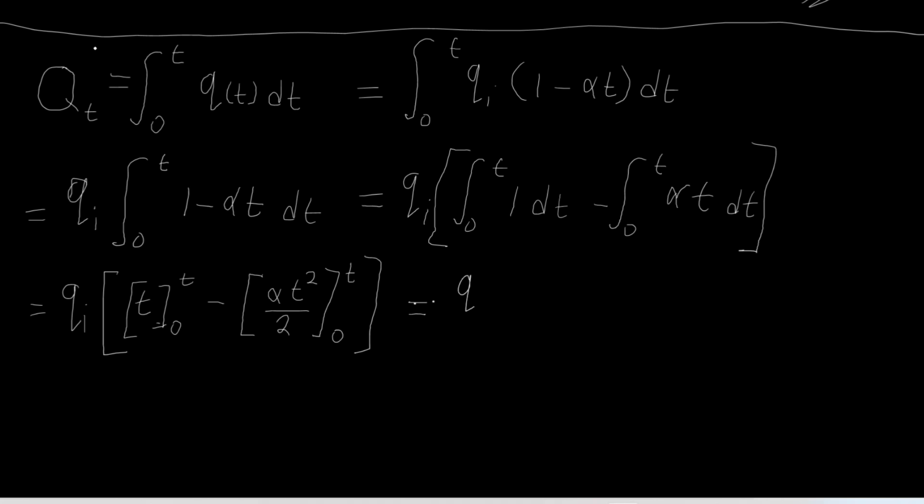When we do that, we have that Qi in brackets is going to give us t minus 0 for this one, minus this one, alpha t square over 2 minus alpha 0 squared over 2.